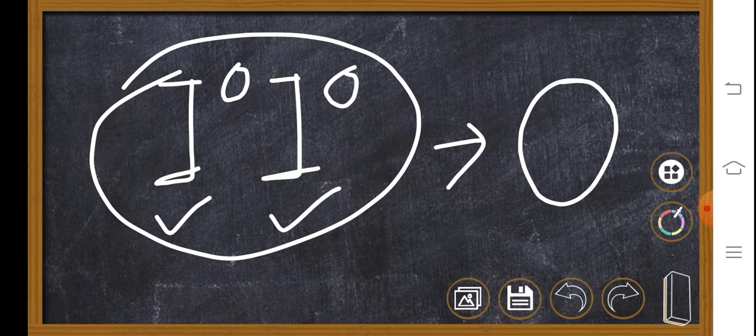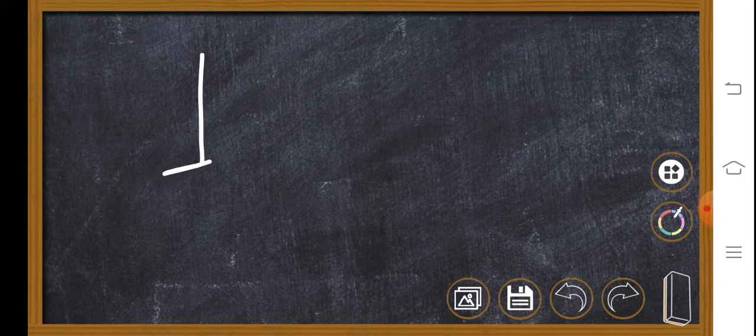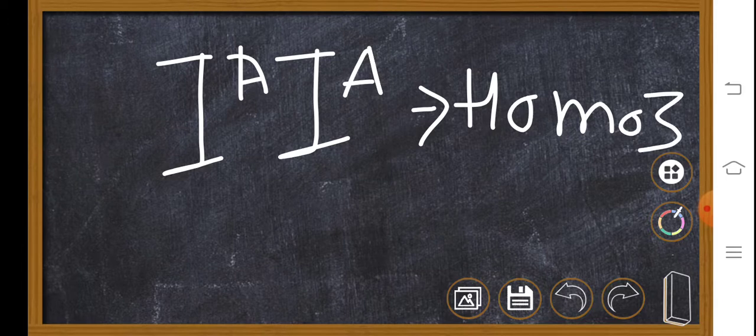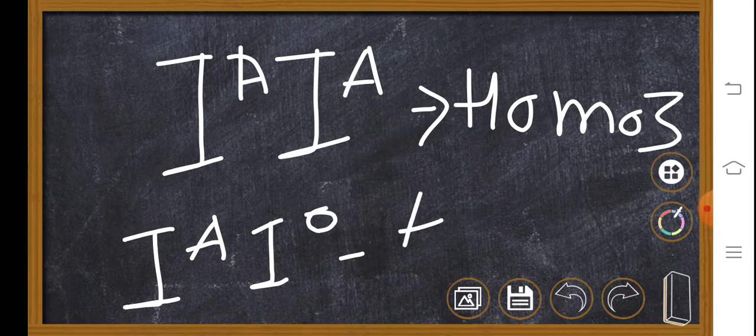If you know the blood group of some person, you cannot say whether this is in heterozygous condition or homozygous condition. So when I have this combination for my blood group A, this is homozygous, and if I have this condition for my blood group A, this is heterozygous.